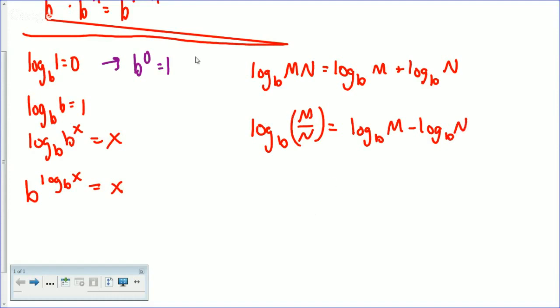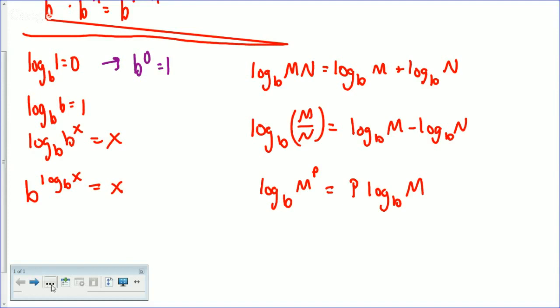Just like subtraction with exponents, we have subtraction with logarithms. Make sure that we put the top one first and then subtract the bottom one, because that will make a difference. And then the last one we're going to look at is log base b of m to the p power, which is p times log base b of m.